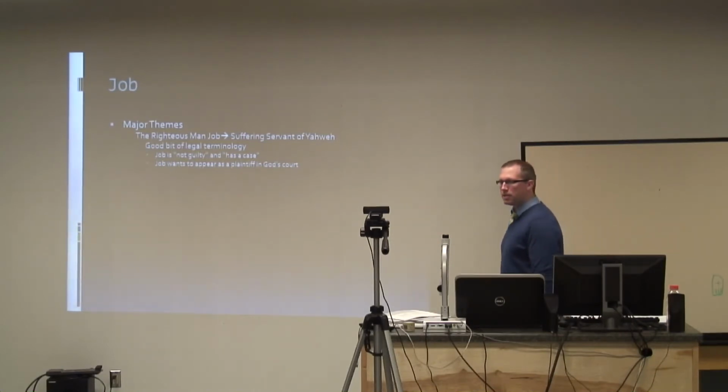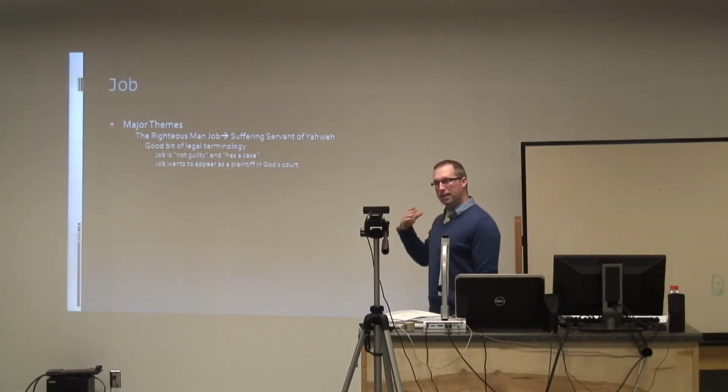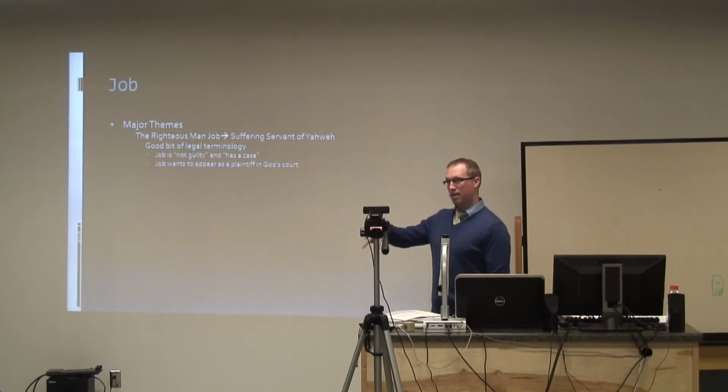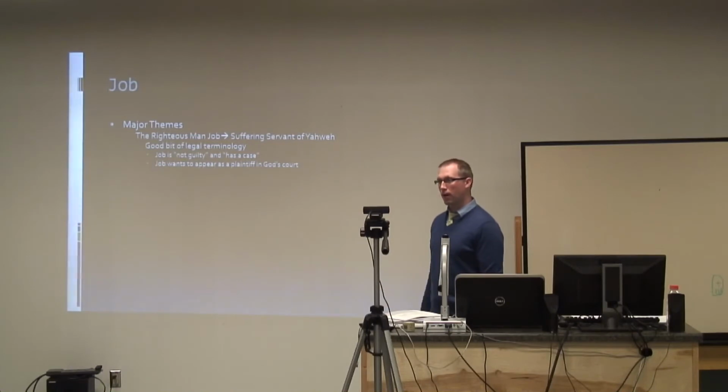That is Job's desire, I want to be a plaintiff in God's court. Look, I don't deserve this. I'm not guilty of anything here. And that's going to be important. He's right. Because we see that his quote-unquote comforters, his friends, their folly is to say, look, clearly you're guilty of something here because this kind of thing doesn't happen to someone who isn't guilty.